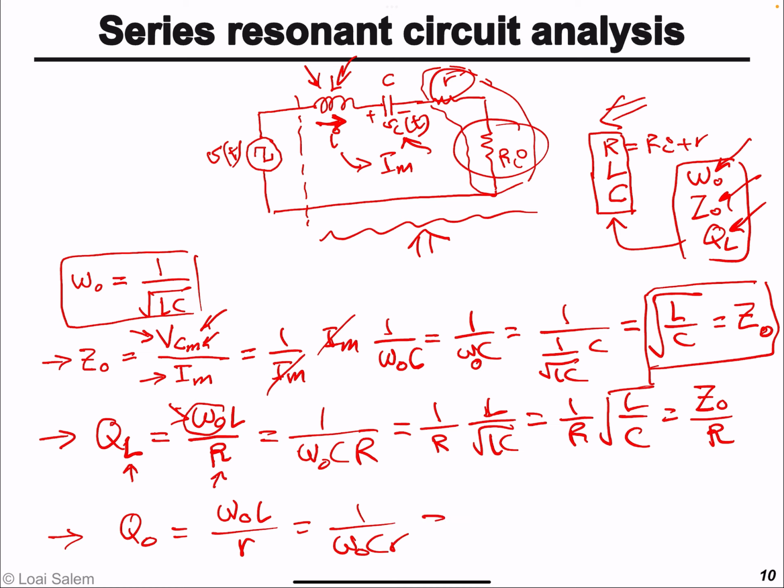And in terms of the characteristic impedance, it will be Z node divided by R small. Now, just to recap, for a second order RLC circuit, we have three parameters R, L, C, or equivalently, the other three parameters with which we can fully define this RLC circuit: omega node, Z node, and QL.